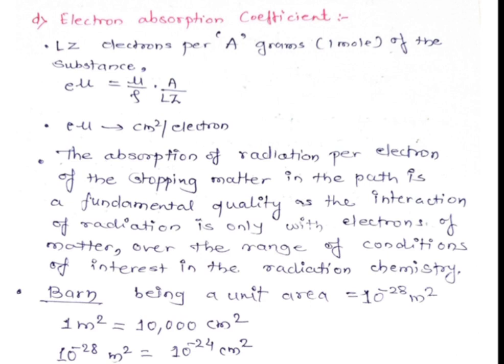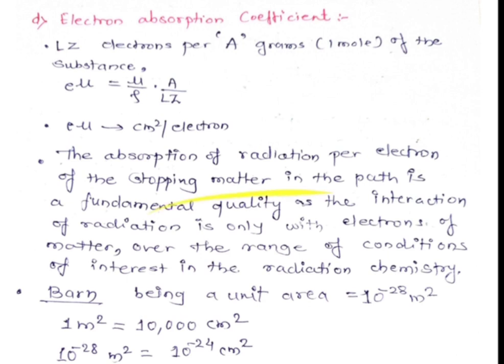So it is L into Z electrons per A grams of the substance. A grams of the substance means 1 mole of the substance. So the electron absorption coefficient, with e suffixed to mu, is e-mu equal to mu by rho into A divided by LZ.